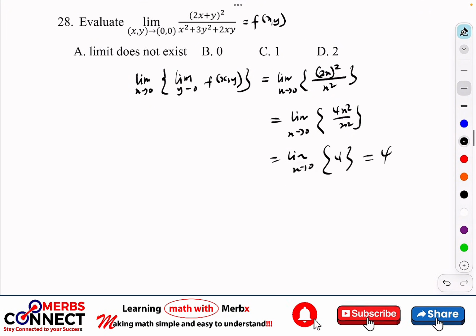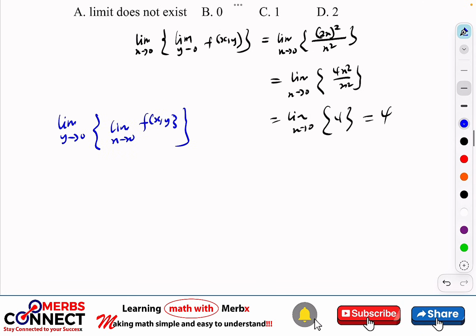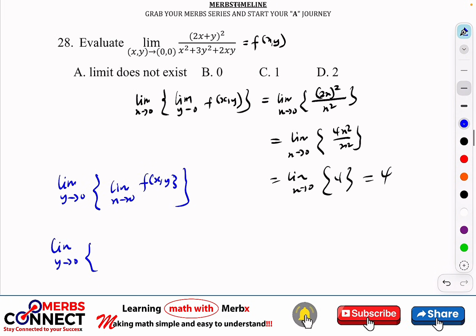Now let's swap it and go with respect to y first. This is going to be the limit y is approaching 0 of f of x, y. Now plug in 0 first. So when I plug in 0, here will be 0.